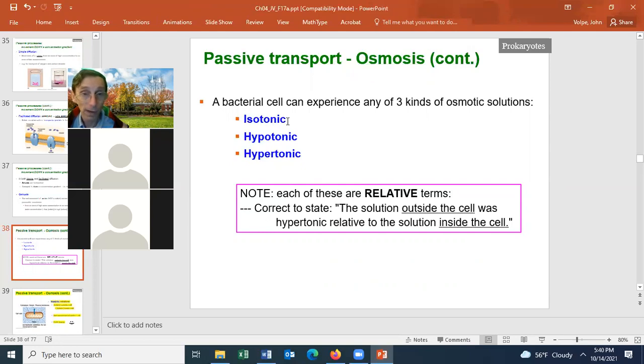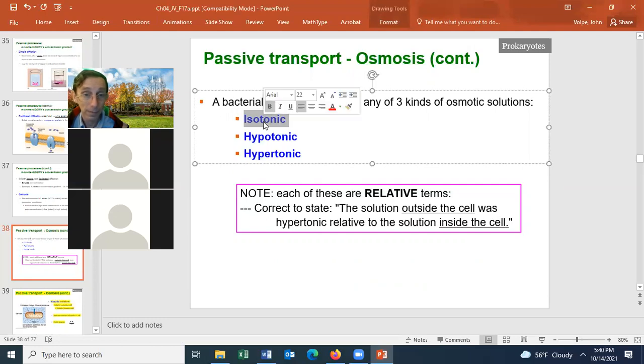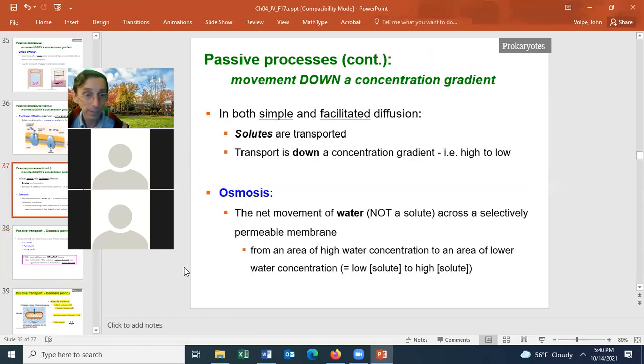So even if the water is the thing moving across the membrane, we define it as isotonic or hypotonic or hypertonic by the concentration of the solute. Any question about that? Make sure I talked about all of that.